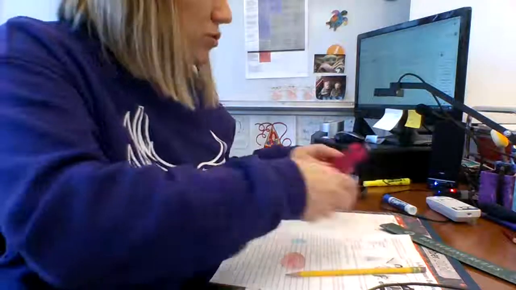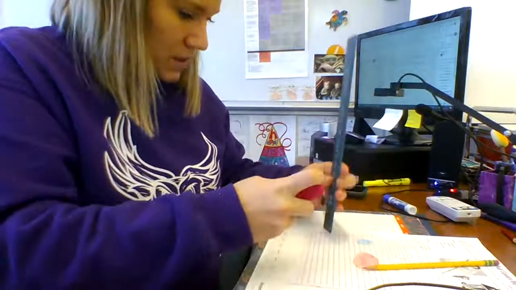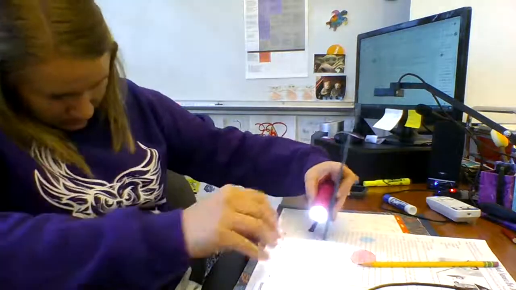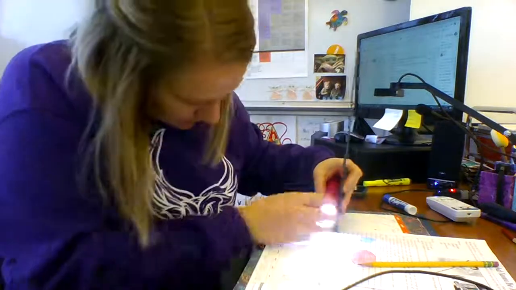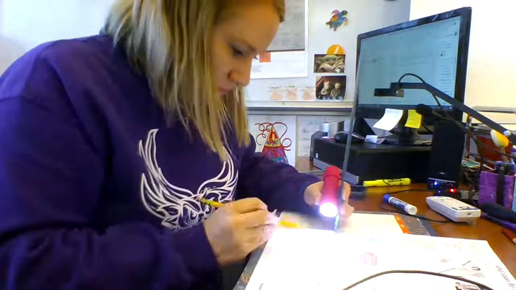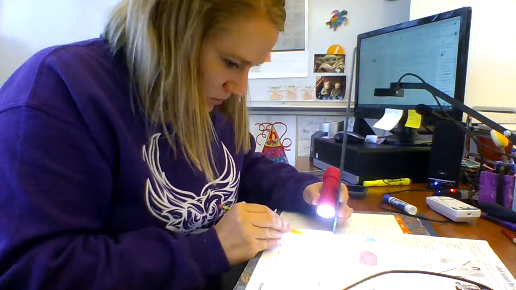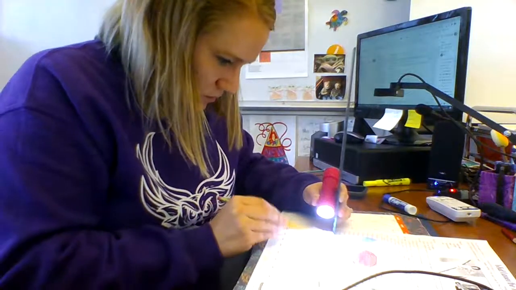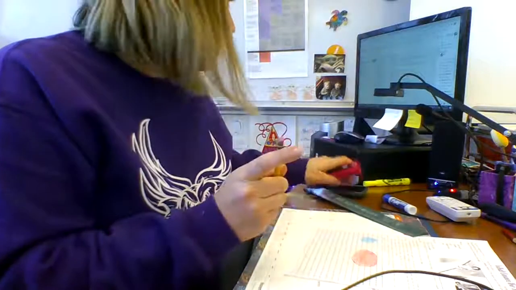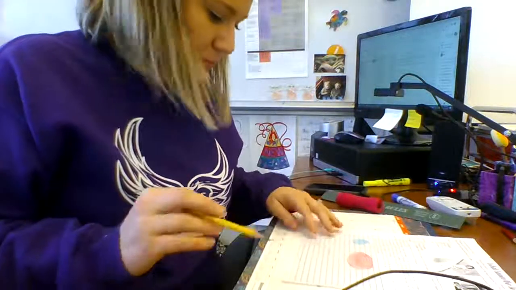So now I'm going to hold my flashlight at a more drastic angle. So again, I want to make sure it's still 2 centimeters above the table. And then I'm going to circle that area that is lit up. And I'll color that, make it orange.